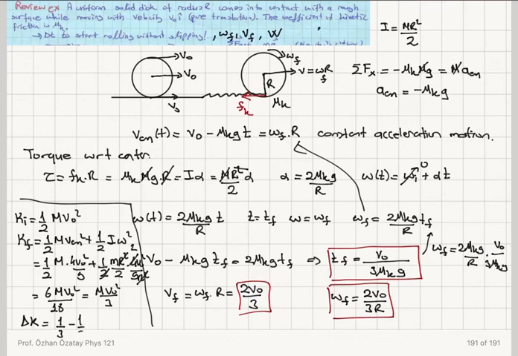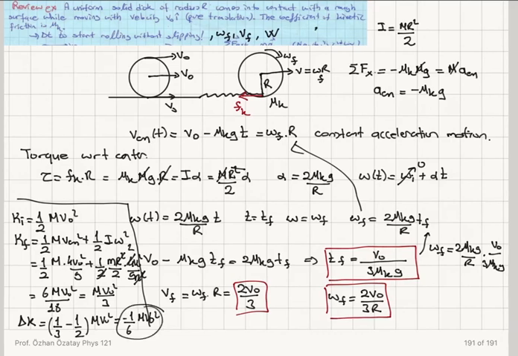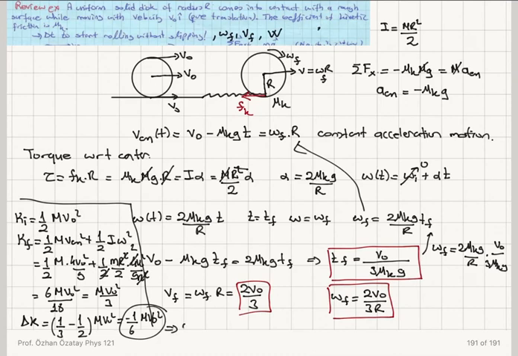Delta K is K final minus K initial, 1 over 3 minus 1 over 2, m v0 squared, so this will be 2 minus 3, minus 1 over 6, m v0 squared. So this is the energy that has been consumed by friction, that is work done by friction, or in other words, energy consumed by friction.